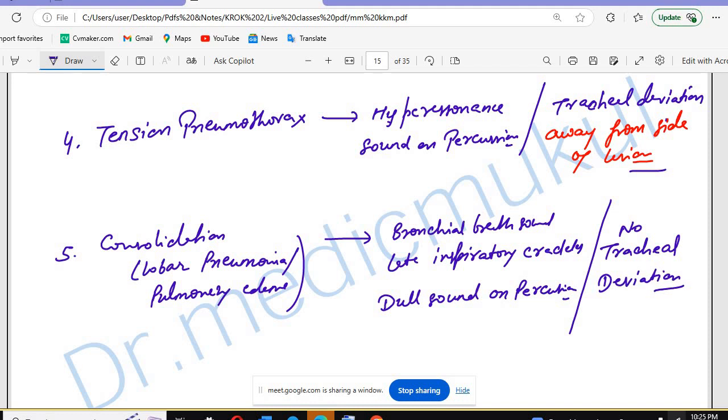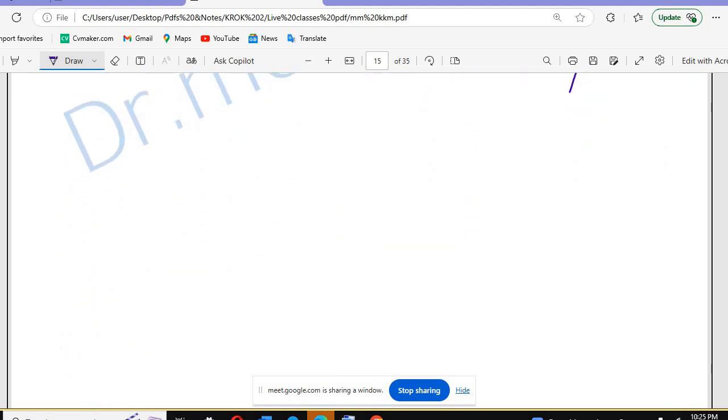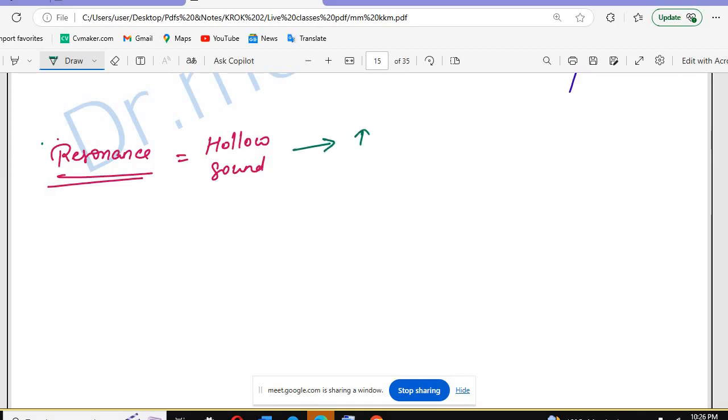Is that clear? Now, about hyperresonance: resonance basically means hollow sound. If we are seeing hyperresonance, that means there is reduced lung tissue density.